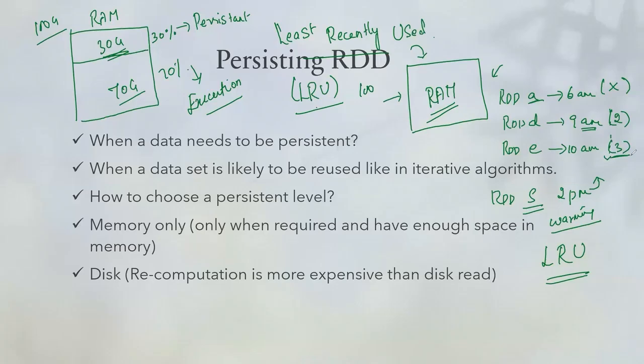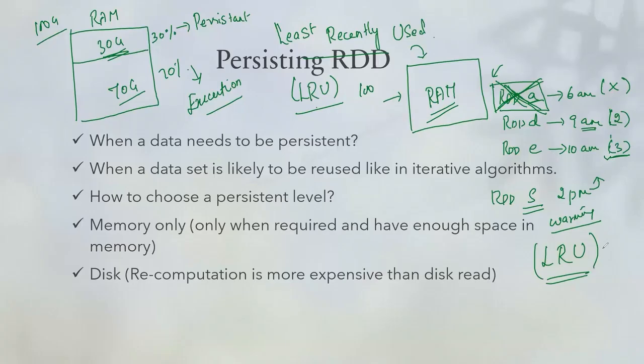So the simple logic is, it will perform a calculation: which one is sitting for a longer period of time and is not being reused, not even once. Such an RDD, it will forcefully delete from your RAM. I know the user has asked for persistence, but I'm reaching the threshold. So your Spark will forcefully delete that particular RDD under the concept of least recently used.